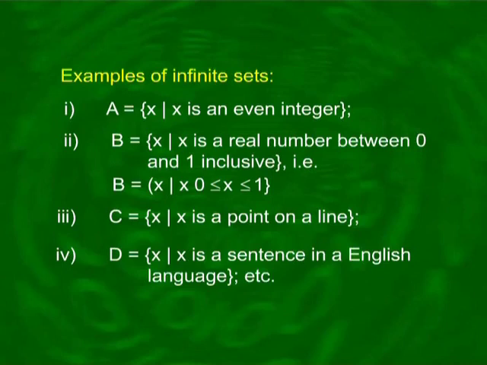On the other hand, in the first three examples, it is obvious that they are really infinite sets because the total number of even integers, or the number of real numbers between 0 and 1, or the number of points on a line, they cannot be regarded as finite entities.